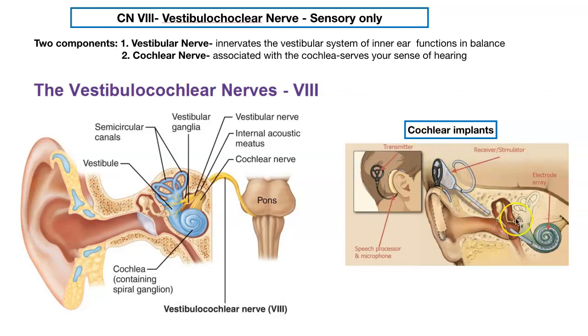They're actually doing implants to help people hear again. So that's kind of cool. And remember, this is all within the petrous portion of the temporal bone, that real thick part of the temporal bone. This is really thick bone up here. So that's cranial nerve number 8.